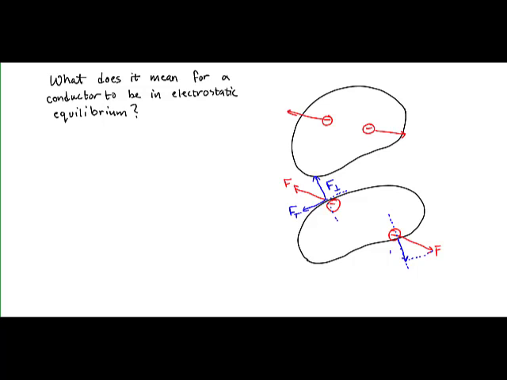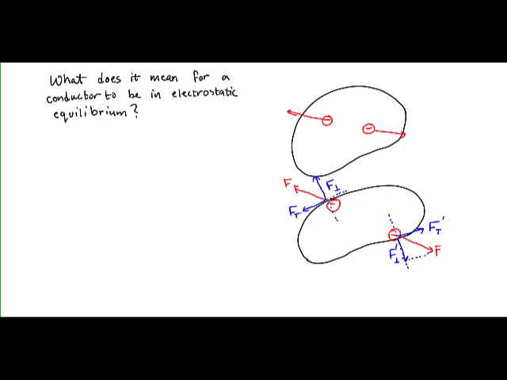We will call this component, again, F perpendicular, but it's for this different charge. The perpendicular component on this charge might be different than the perpendicular component on the other charge, so I'll label that as F perpendicular prime. And there is a component of the force that is tangent to the surface, so I'll label this as Ft prime.